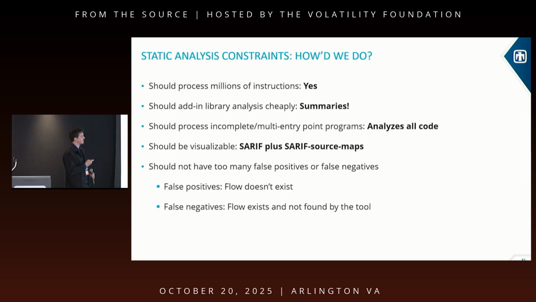It's also a really nice thing for adding in libraries cheaply, because what you can do is analyze a library, produce all the summaries and just lift those summaries into any subsequent analysis that uses them, right? And those summaries are typically orders of magnitude smaller than the original code, which is really nice because you could then go analyze a bunch of libraries, provide a database of these summaries, and just reuse that in your analyses.